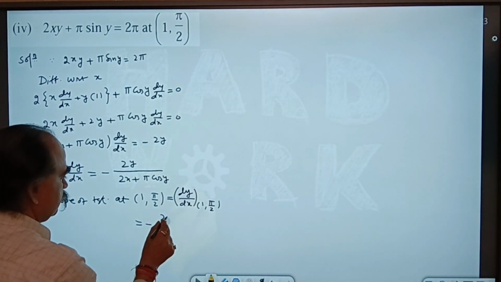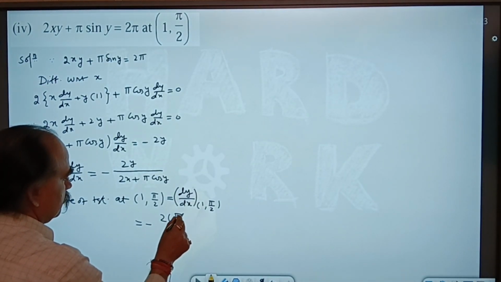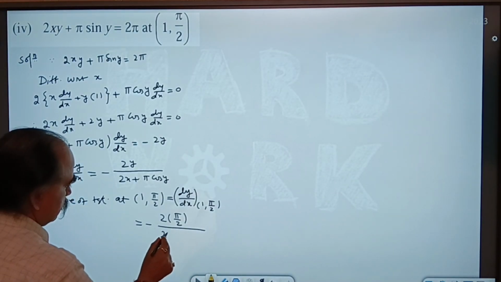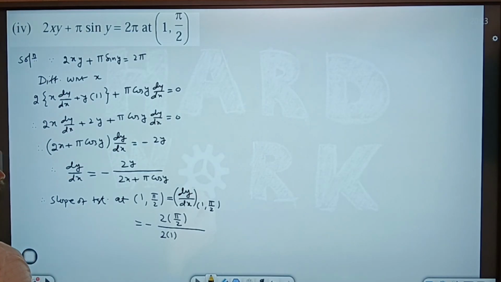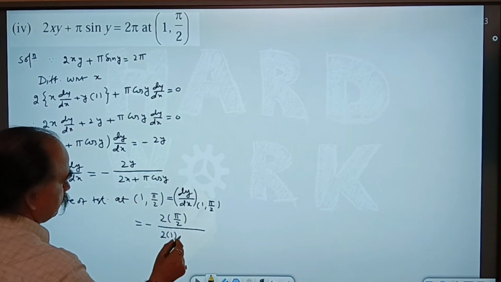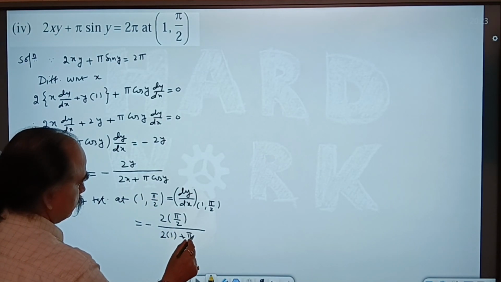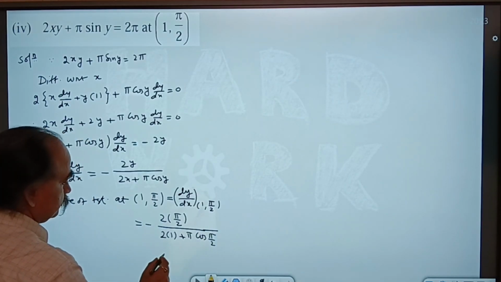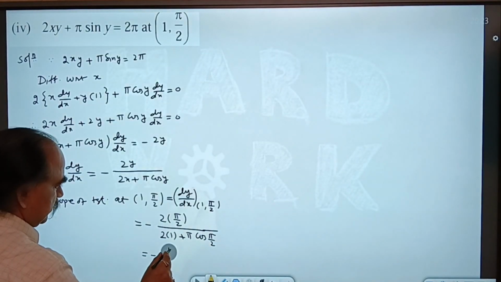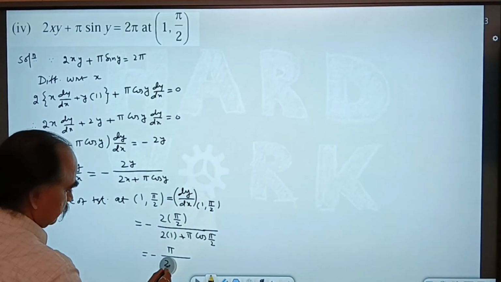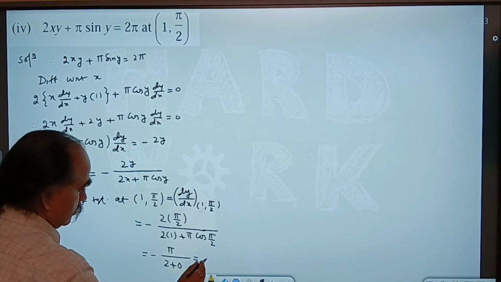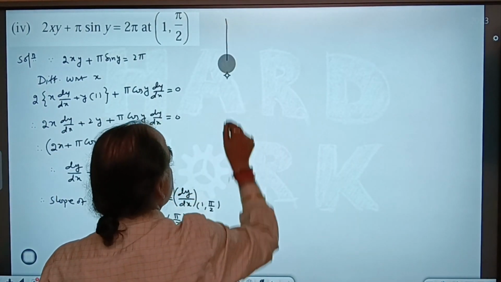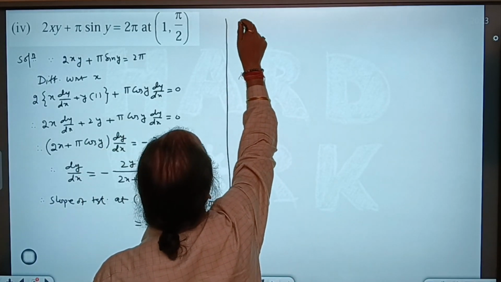So minus 2 into pi by 2 upon 2 into 1 plus pi into cos pi by 2. But cos pi by 2 is what? 0. So minus pi upon 2 plus 0. This is slope of tangent.